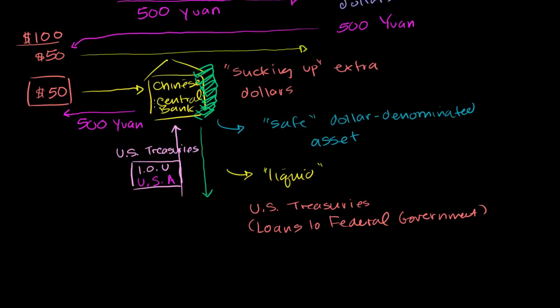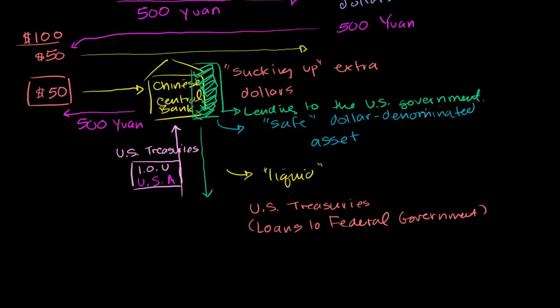So just to make it all clear of what's going on, they're printing money, they're accumulating dollars, they're using those dollars to go out into either the open market or even directly from the US Treasury, and they are buying US Treasuries, which essentially means they are lending this money to the US government.